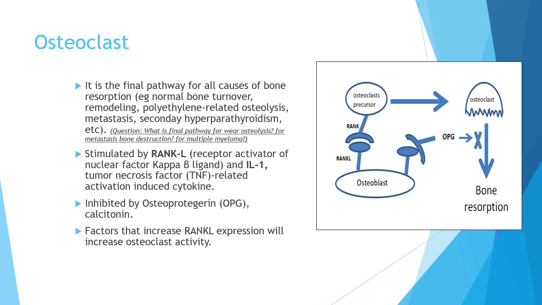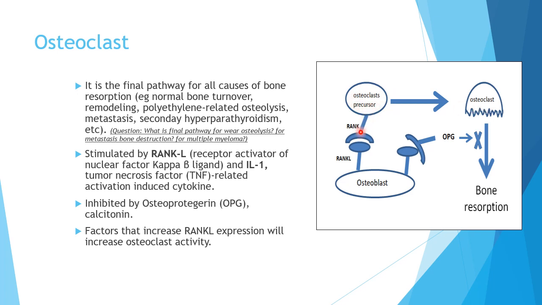And any factor that will increase the RANKL expression will result, as we said, in an increase in osteoclast activity. So remember, the activation of osteoclast comes through the RANKL, which is on osteoblast. So the more RANKL you have, the more activation of an osteoclast precursor to osteoclast.